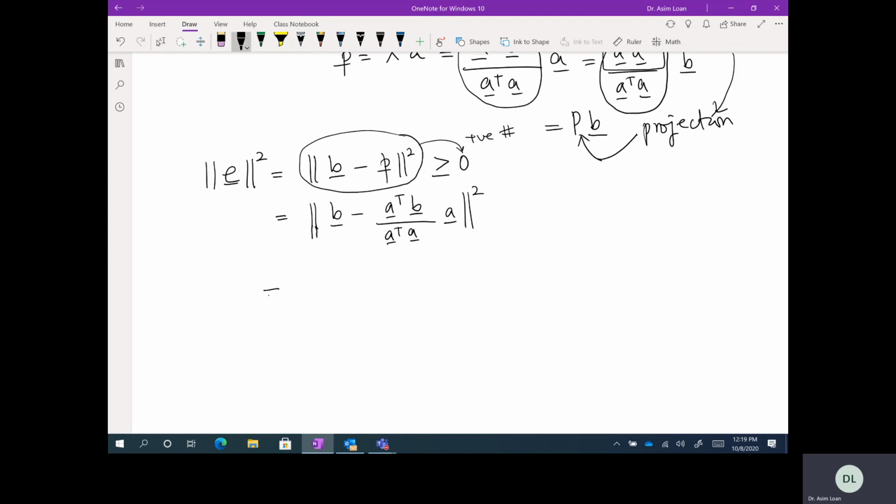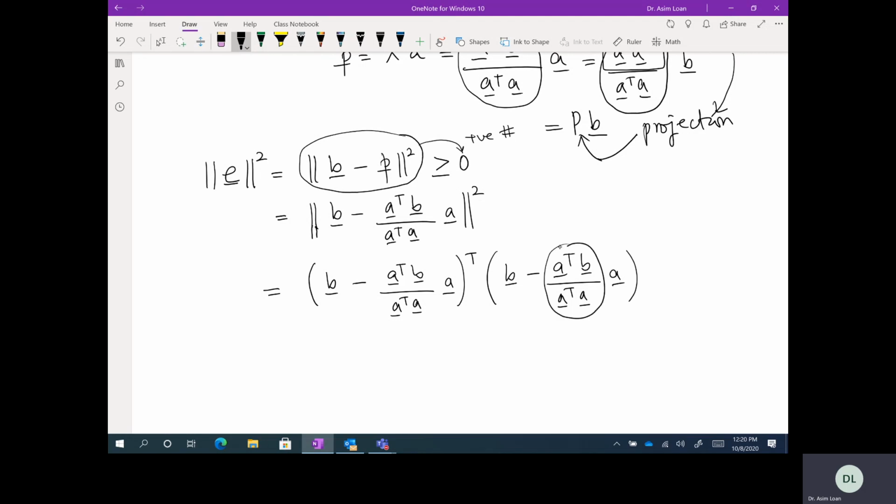If I expand this one, this is equal to B vector minus A transpose B over A transpose A into A, whole transpose, into B vector minus A transpose B over A transpose A into A vector. Just remember that this is a scalar, so we don't care.